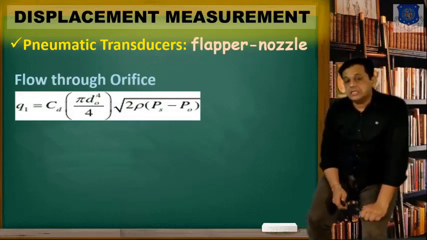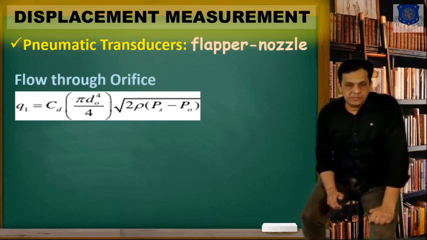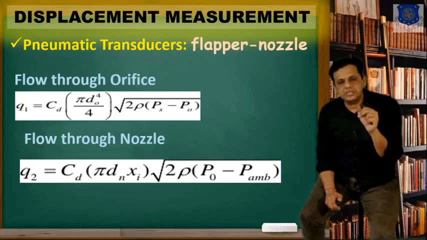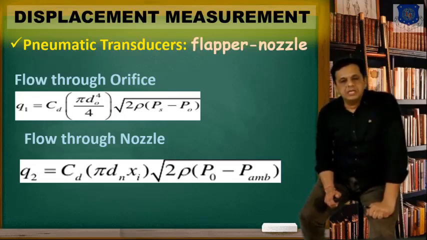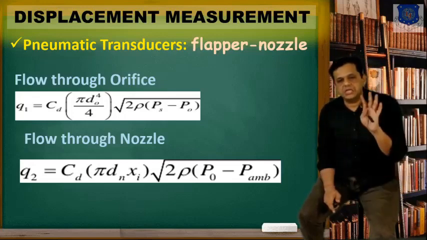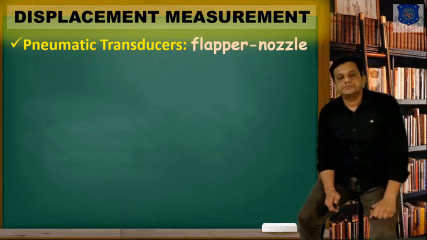So we had seen these equations in the previous semester, which I am going to see here once again: flow through the orifice, where we assume incompressible flow with coefficient C, and flow through the nozzle. These two equations we need to remember, where the ambient pressure is 0.